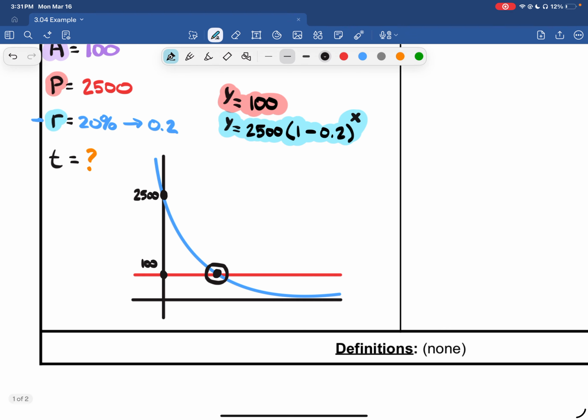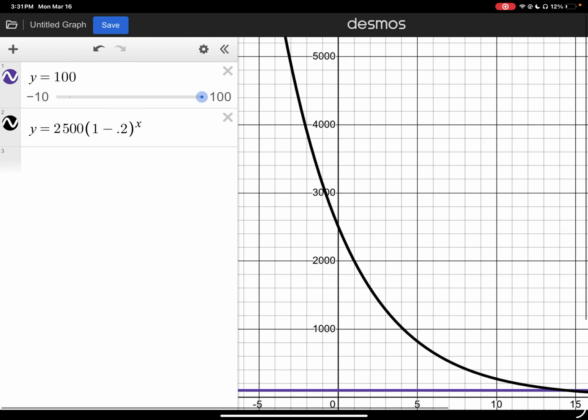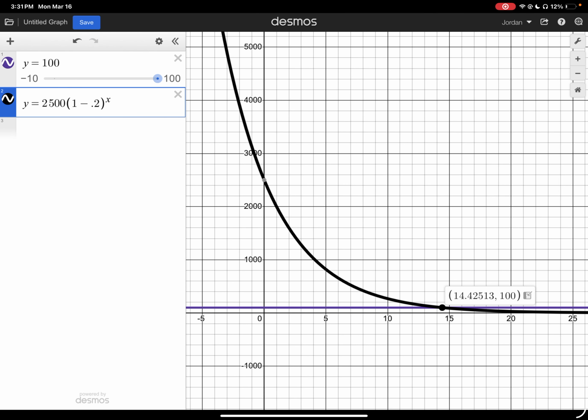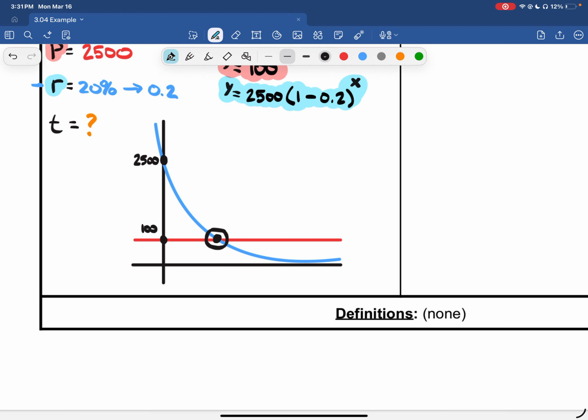So let me hop back over to Desmos. And I see the intersection is 14.42513, comma 100. I'll just round that off to 14.4. That intersection tells me the answer.